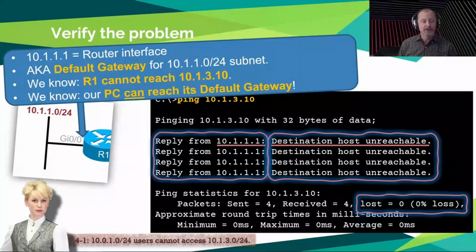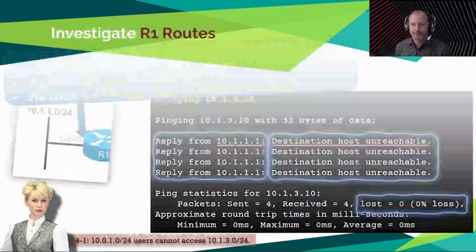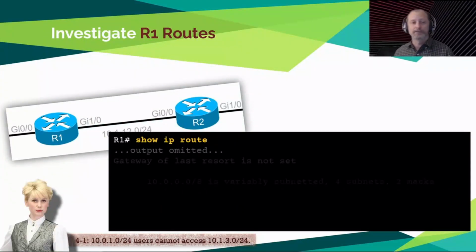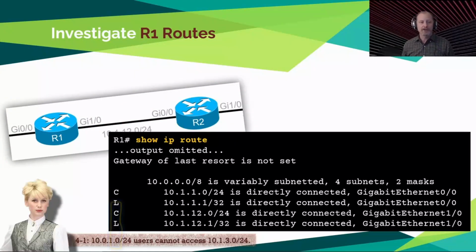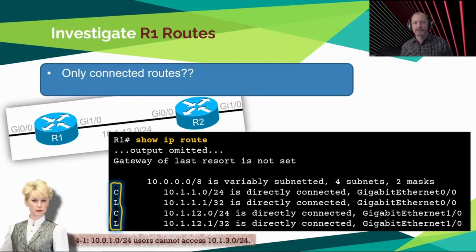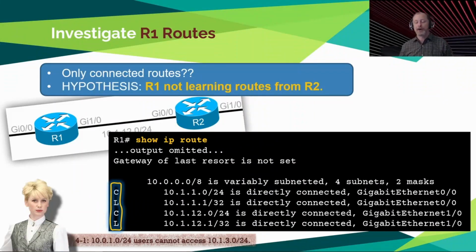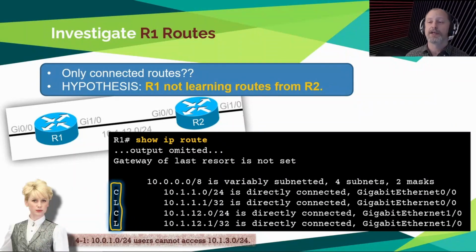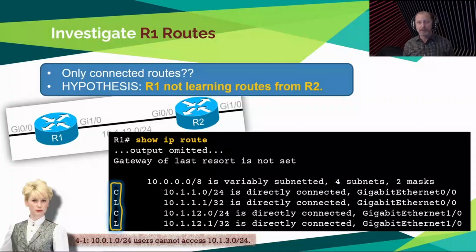All right. So then we jump over to the default gateway. Okay. So let's go to R1 and let's see, does it have the route we're looking for? Show IP route. Well, if you'll notice, there are only connected routes. So we can hypothesize R1 is not learning any EIGRP routes from R2.